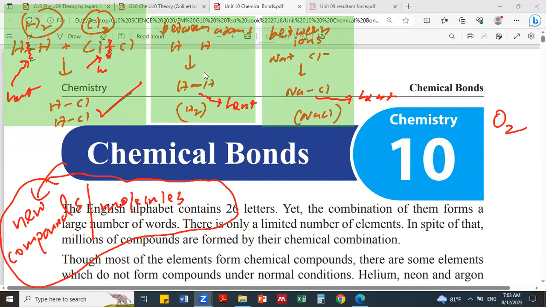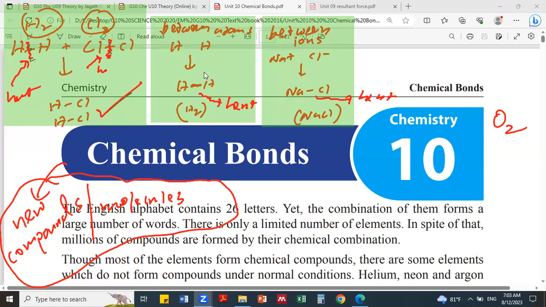What did I tell now? Electrons of the last energy level, within bracket, electrons of the valence shell. The last energy level is also called the valence shell. Electrons of the valence shell participate in the bond formation, not the inner shell electrons.